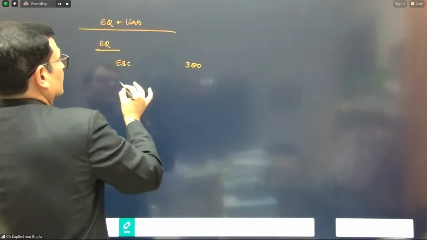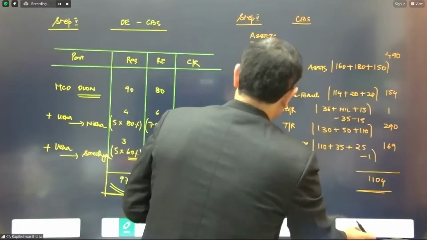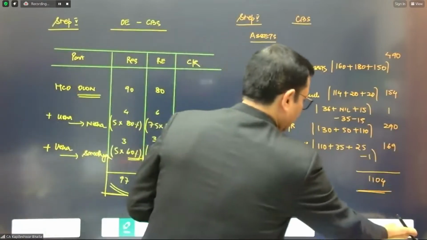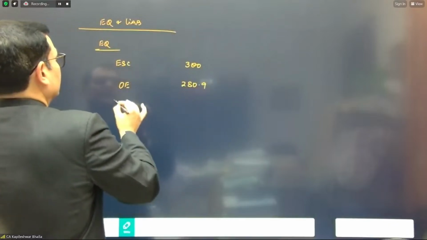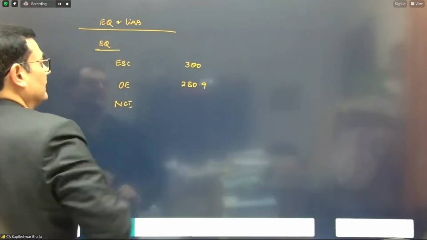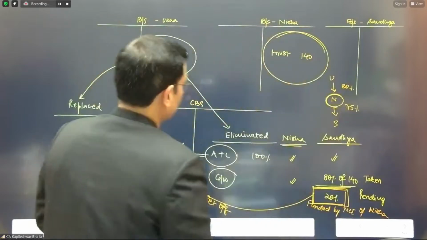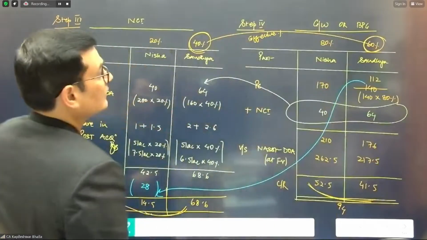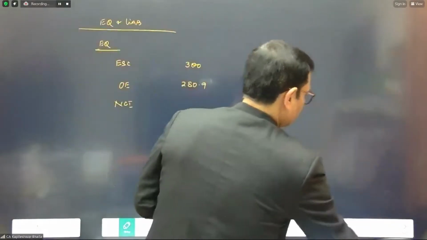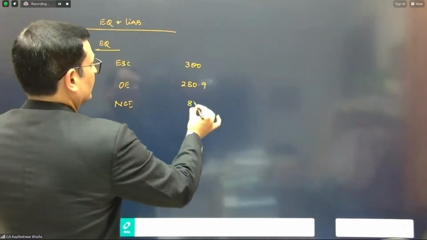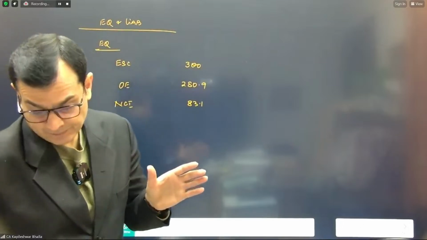And then we can consider the other equity as well, that we've already taken in step 5. That's 280.9. And lest we forget, let's consider the NCI as well. The NCI is 83.1. So the equity elements are done.